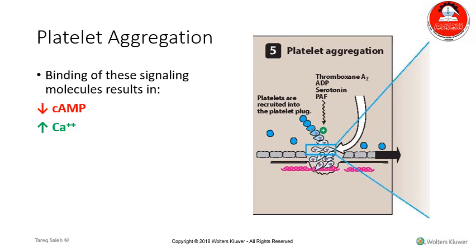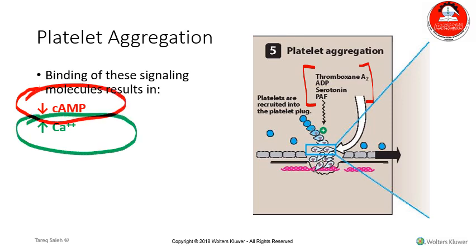So again, to remind you, the release of all of those platelet aggregating factors such as thromboxane and ADP is stimulated by two major changes that happen inside the platelet, which are the sudden decrease in cyclic AMP levels and the rapid rise of intracellular calcium levels.